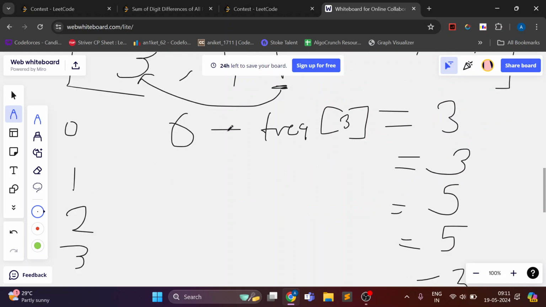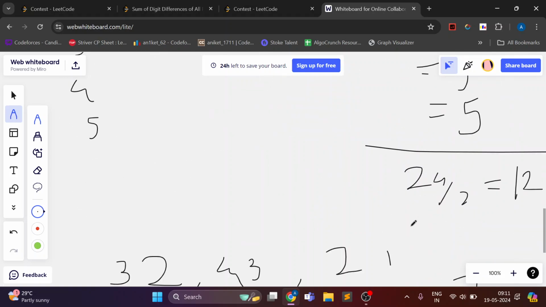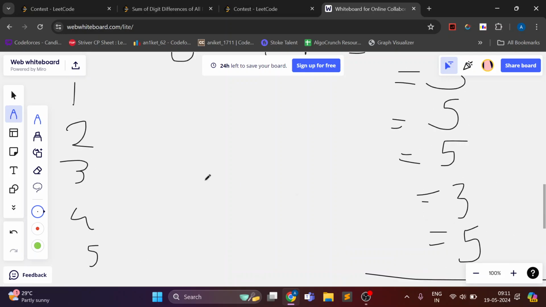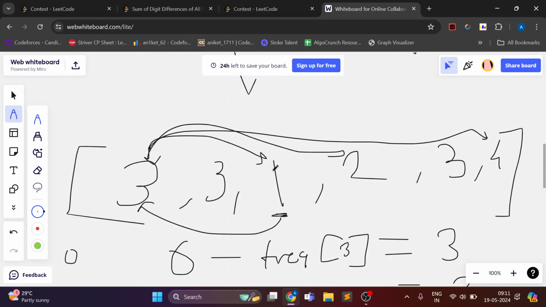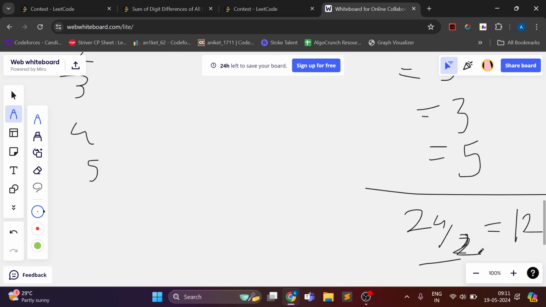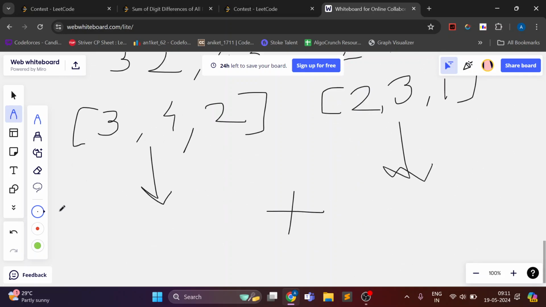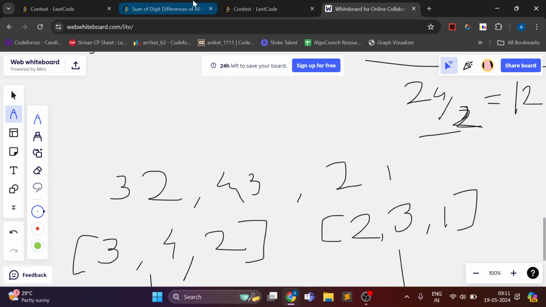This is a very repetitive concept of finding a pair such that digits are not equal. That will be just n minus the frequency of that element. And finally just divide by 2 for bidirectional contribution. So 3 is contributing to 1, but 1 is also contributing to 3, so we are calculating it twice. So at the end, division by 2 is important. And that's it. This was the solution.